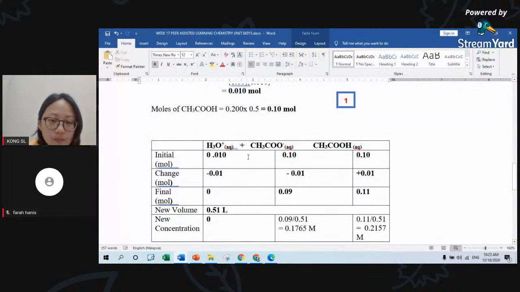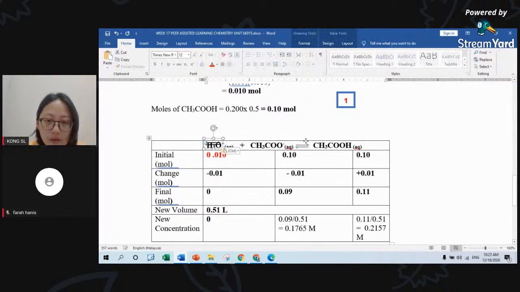So the initial mole of each of the solution, because the buffer solution has the conjugate base and the weak acid as well. And then this one is the limiting reactant. That's why minus 0.01 for the reactant side, minus 0.01 for the reactant side. Missing one reversible arrow here. You must write, always remember, reversible arrow, aqueous, aqueous, aqueous.